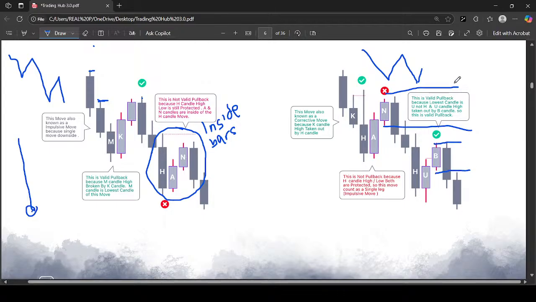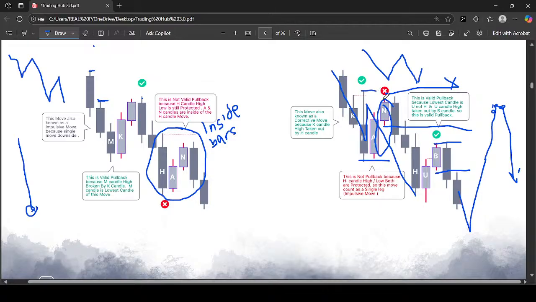So while the dumb money trader is waiting for price to come back up here, with a sell entry here, waiting for price to mitigate this order block and sell from there, I, as a smart money trader, know that this is a fake order block, so price won't even come back for it, right? Because all we had was lower low, lower high, and a single leg down here. This is just an inside bar of the H candle.